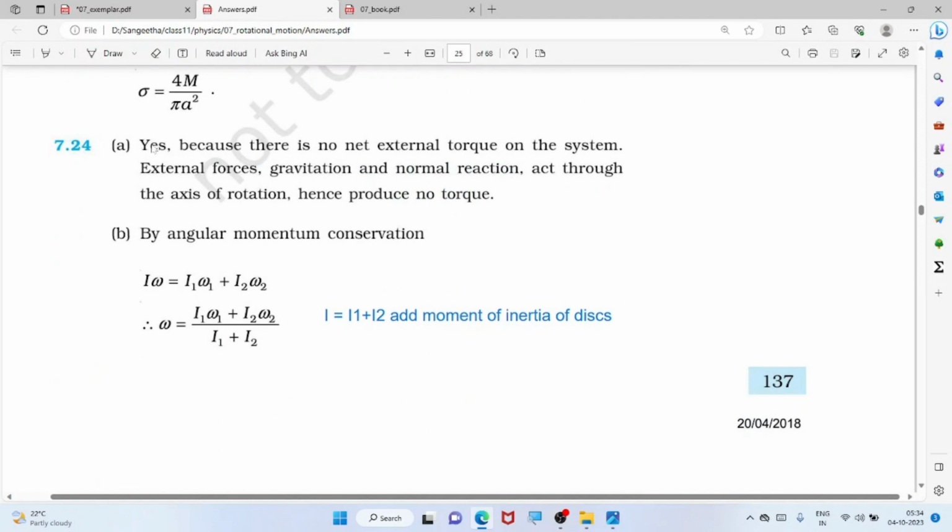Yes, you can apply it because there is no net external torque on the system. External forces, gravitational or normal reaction, act through the axis of rotation, so they act parallel to it. Hence they produce no torque on the system.